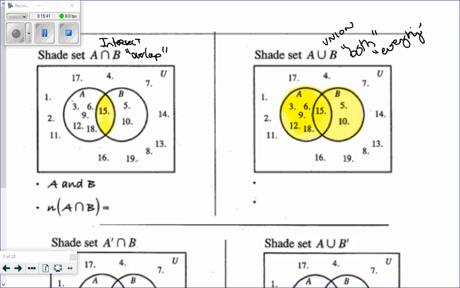That's what union is. So the number of elements in A and B is 1. The number of elements in A or B is 8.